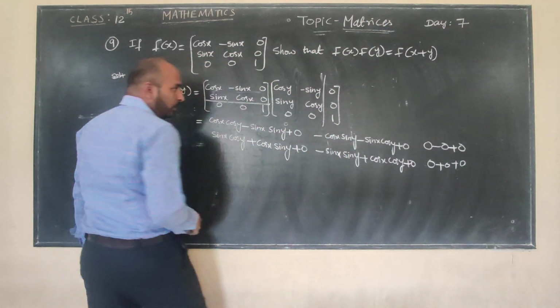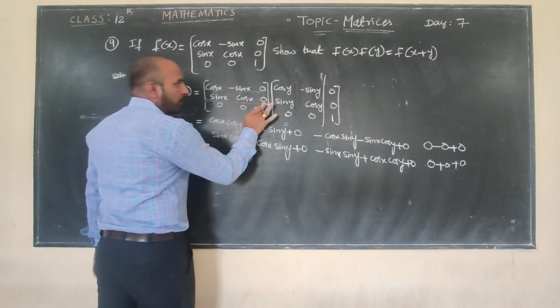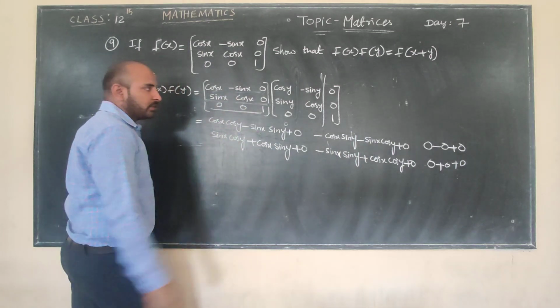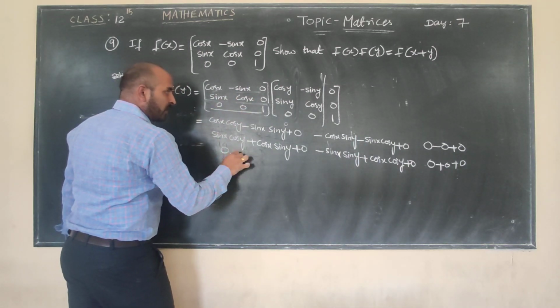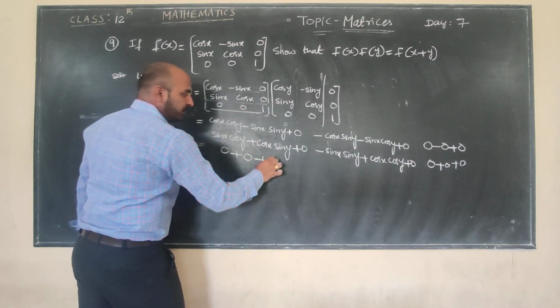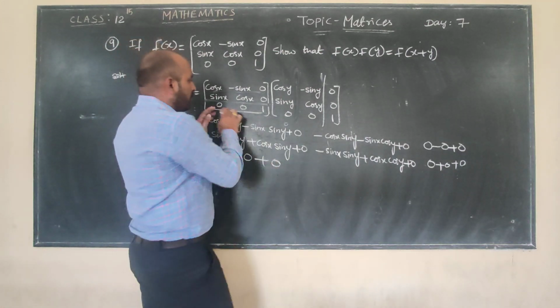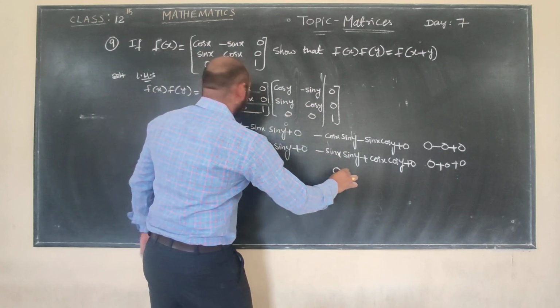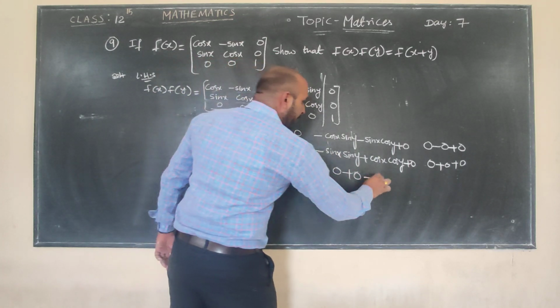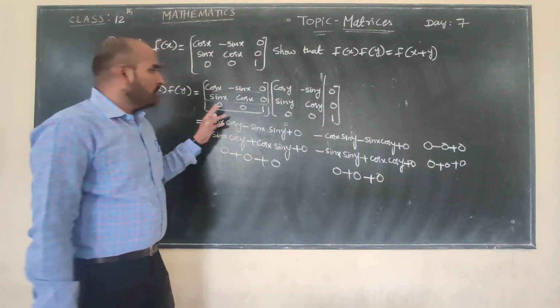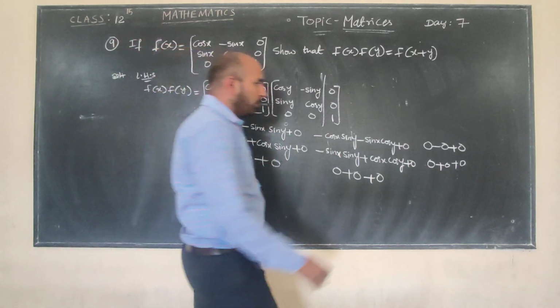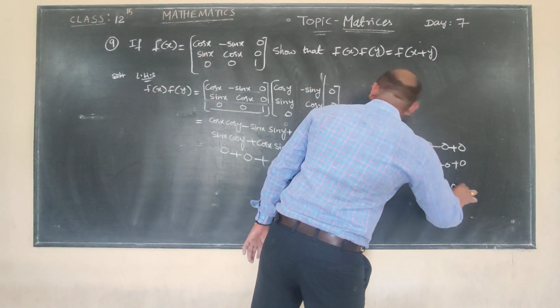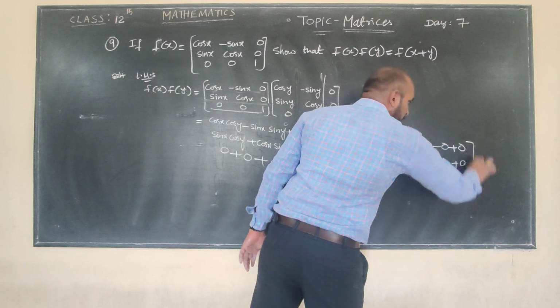So now the third row elements: 0 and something, 0 plus 0 and something, 0 plus 0. Again third row with second column elements, 0 plus 0 plus 0. Now the third column element: 0 into 0, 0, 0 plus 1 into 1, 1.